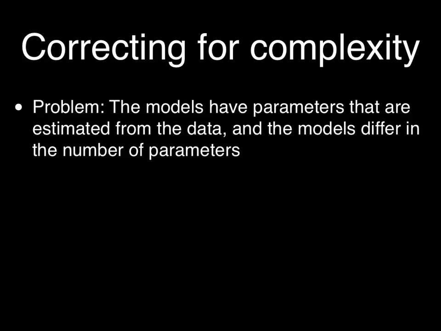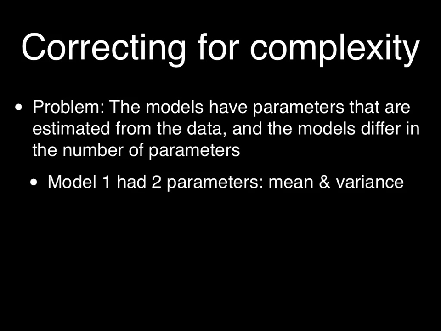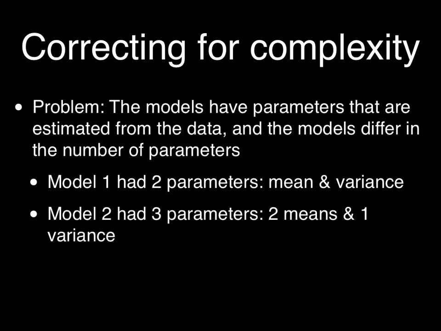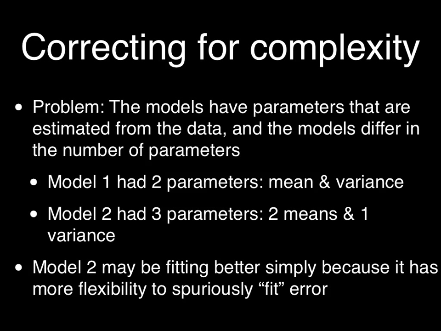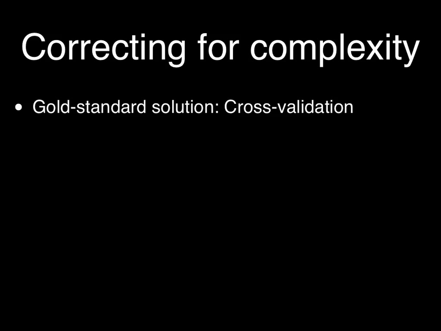But they definitely differ in the number of parameters. Model 1 had 2 parameters, mean and variance. Model 2 had 3 parameters, 2 means and 1 variance. So again, as I said, model 2 may be fitting better simply because it has more flexibility to spuriously fit error. So again, we're going to use that gold standard solution, which is cross-validation.